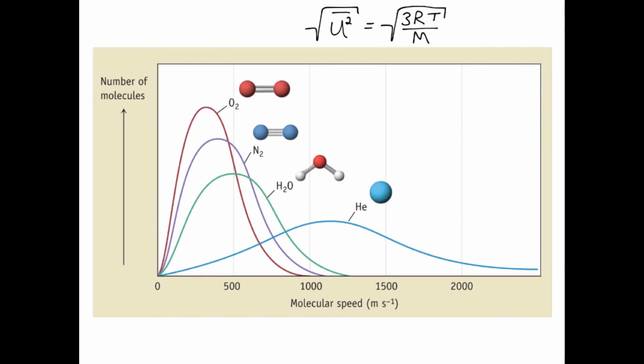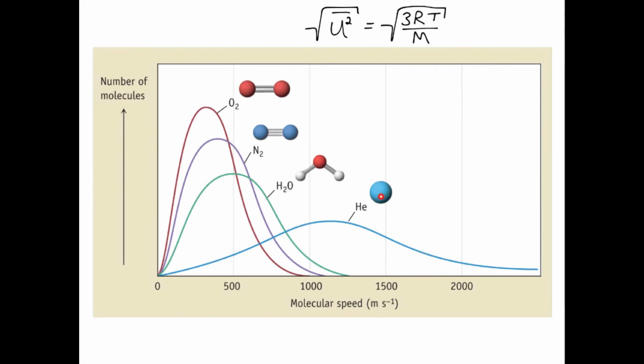So the only difference between all of these samples is, in fact, the chemical nature or molecular mass of each of those molecules. And you can clearly see as the mass changes, in other words, helium being the lightest of all of these molecular species, then water, then nitrogen, then oxygen, the distributions of speeds are very different. And this, again, shouldn't surprise us given what we've seen in the previous simulation.